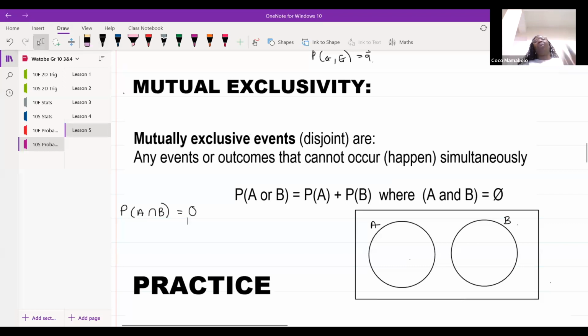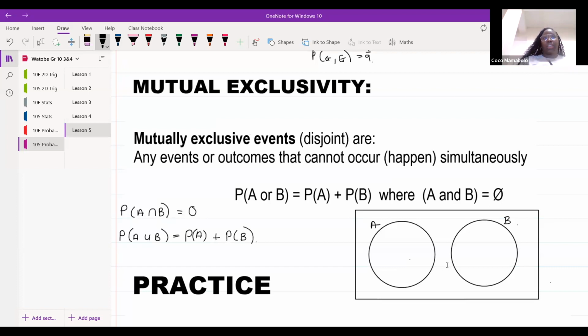Now, I want you guys to note that if we are talking about mutually exclusive events, the intersection is 0, but that doesn't mean that the union is 0. A union B is just going to be the probability of A, the whole of A, plus the probability of the whole of B. Now you're going to be like, Teacher Coco, isn't that just the addition rule?